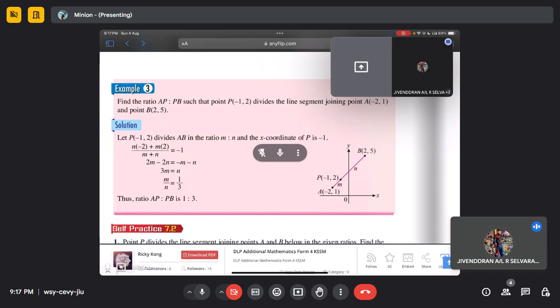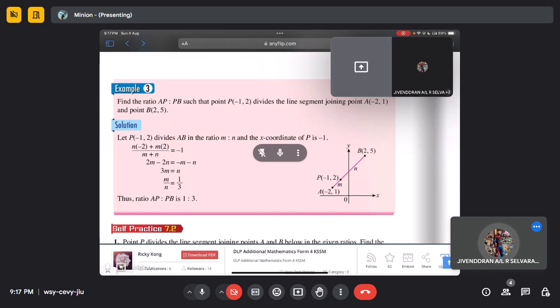m:n is the ratio. You can just write m:n, and then you all know the formula. So you all can just substitute the coordinate values into the formula, then equate it to -1 since the coordinate of P is -1.